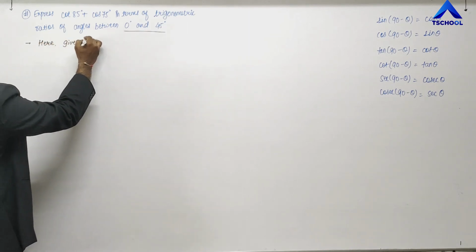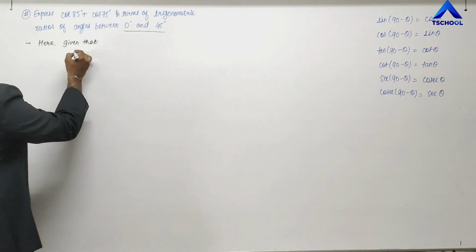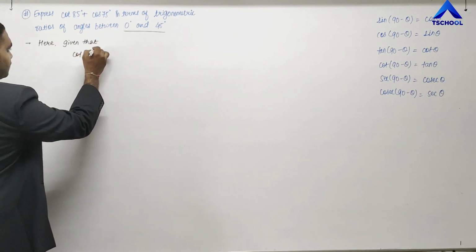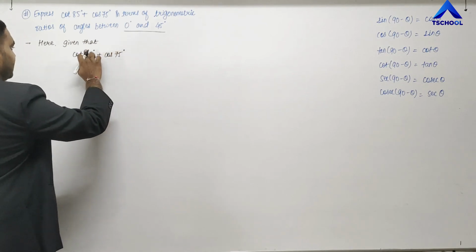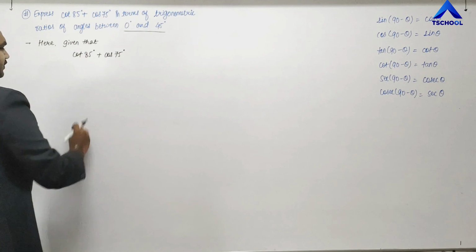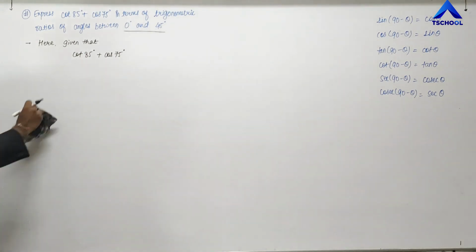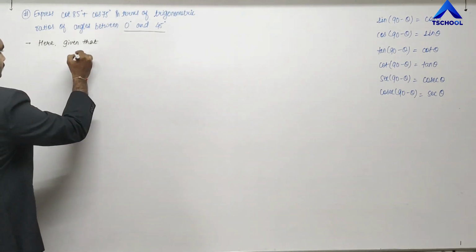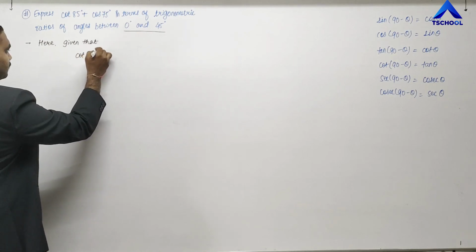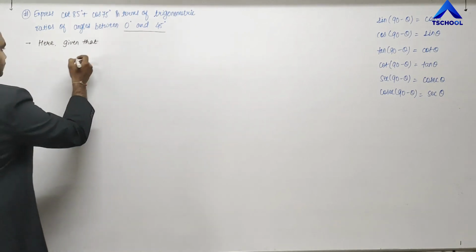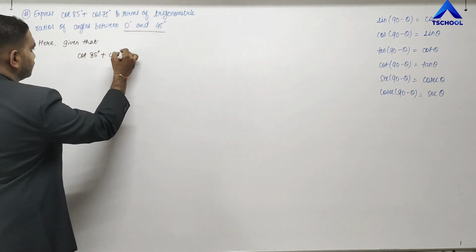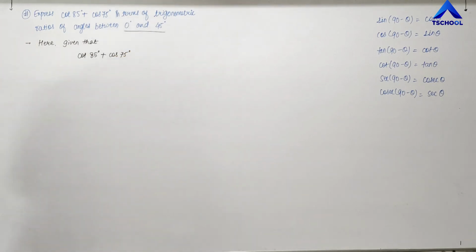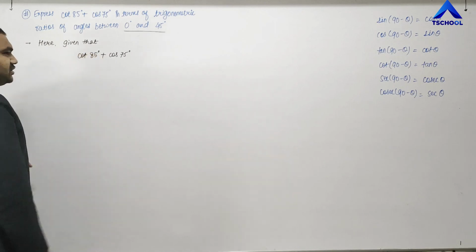So here, given that cot 85 degree plus cos 75 degree. Now we need to change the angles only.